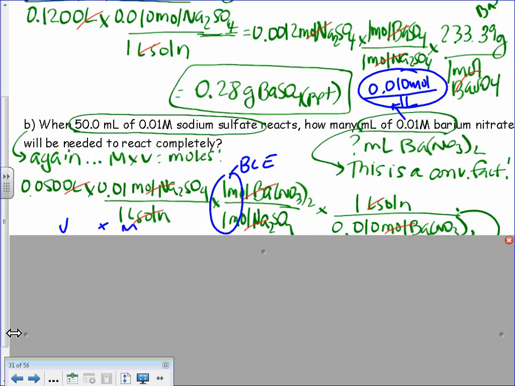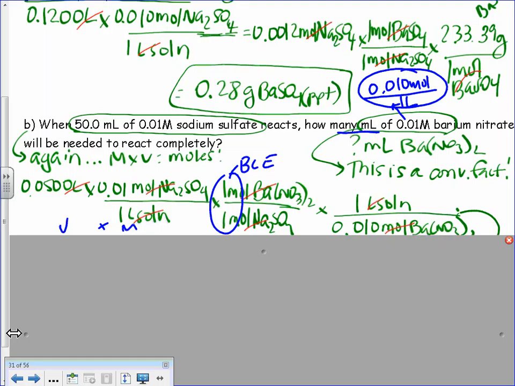And then we went from moles of barium nitrate, and the question was how many milliliters of barium nitrate. So the only relationship that can get you from moles to milliliters of a solution or liters of solution is the molarity. And you actually can see that this is the molarity, 0.010 moles per liter, and I flipped it because I needed liters on top at the end because that's what was asked of me. So you can take the molarity and flip it.